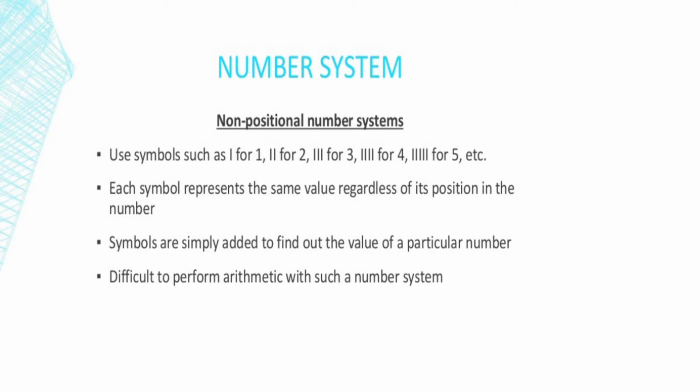As you can see, there is only one symbol, capital I, for representing numbers 1, 2, 3, 4, 5, 6. As you keep adding to the number, you just keep adding that capital letter I. The numbers keep changing from 1 to 5, but to store these numbers only one symbol is used, that is capital I. This is the concept of the non-positional number system.